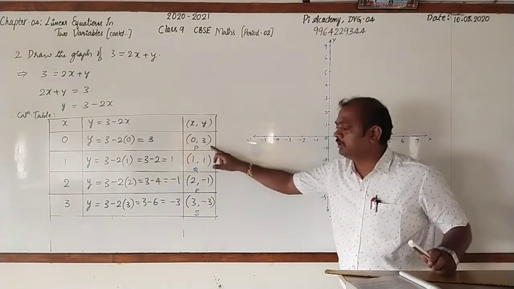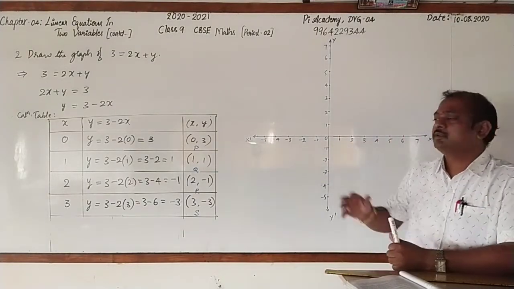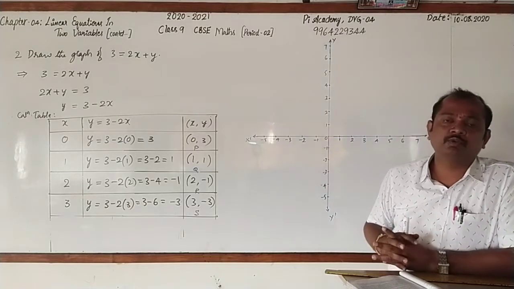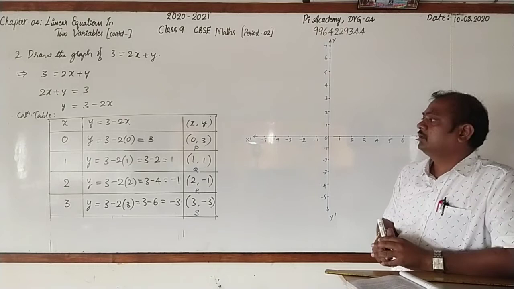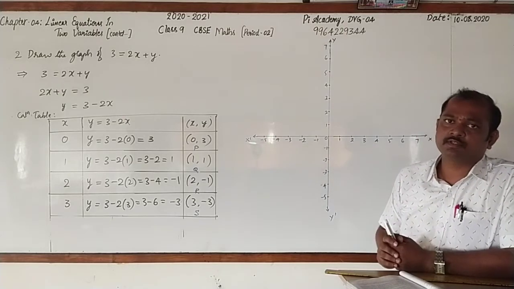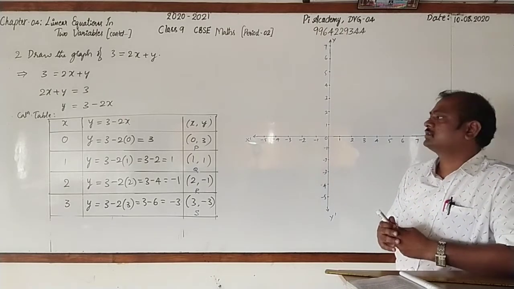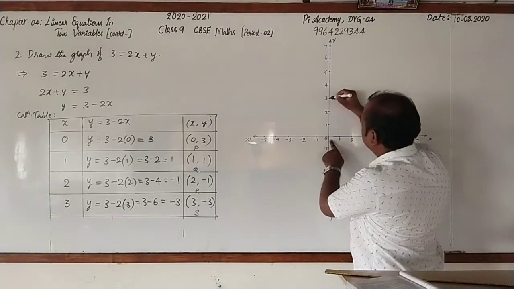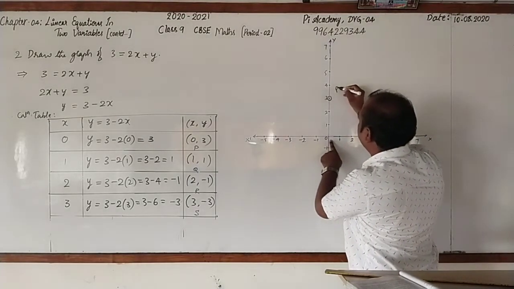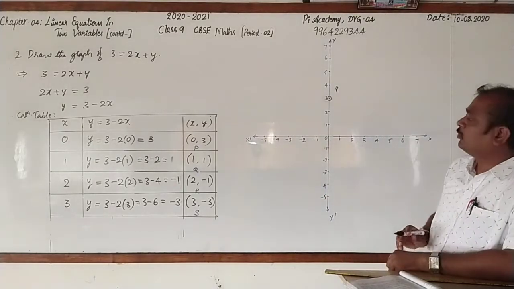First point, P, 0, 3. Just by observing the coordinate point, you can tell where this point lies, whether it is on x-axis or y-axis. Obviously it is y-axis. 0, 3. When x is 0, y is plus 3. You may call this point P. Next. 1, 1.